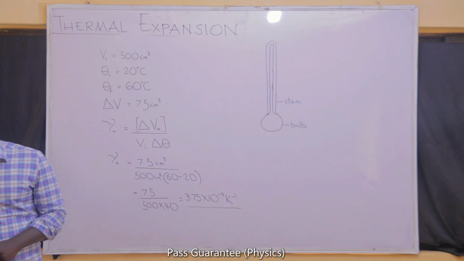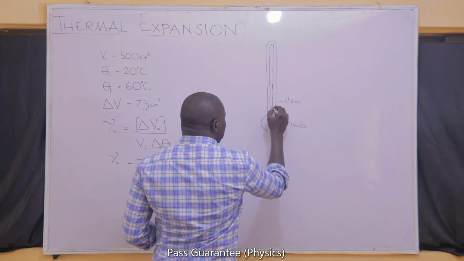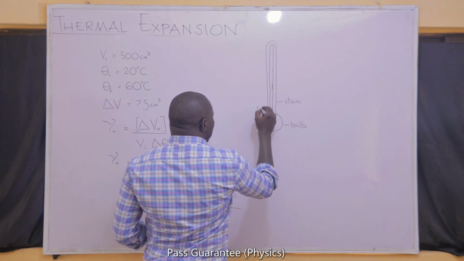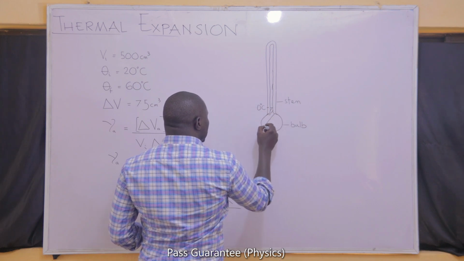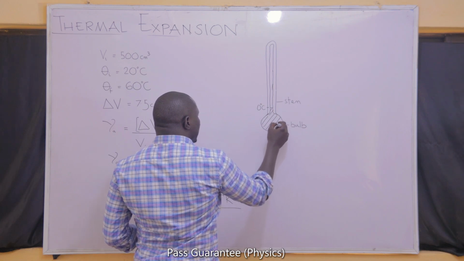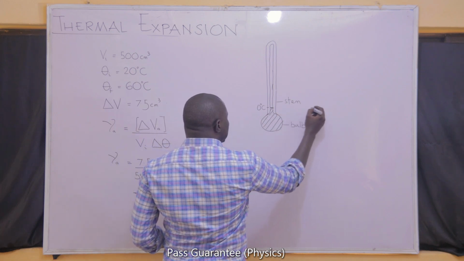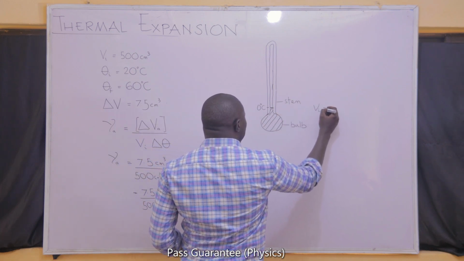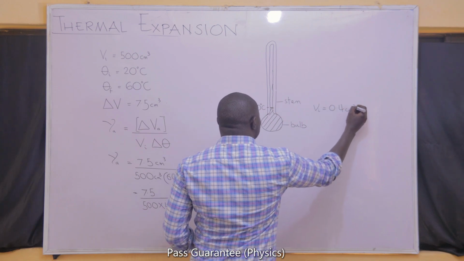So up to the 0 mark, let us assume that is the 0 degrees Celsius mark, the volume of the mercury inside the bulb and the stem up to the 0 mark, we'll take it as the initial volume, is 0.4 centimeter cube.